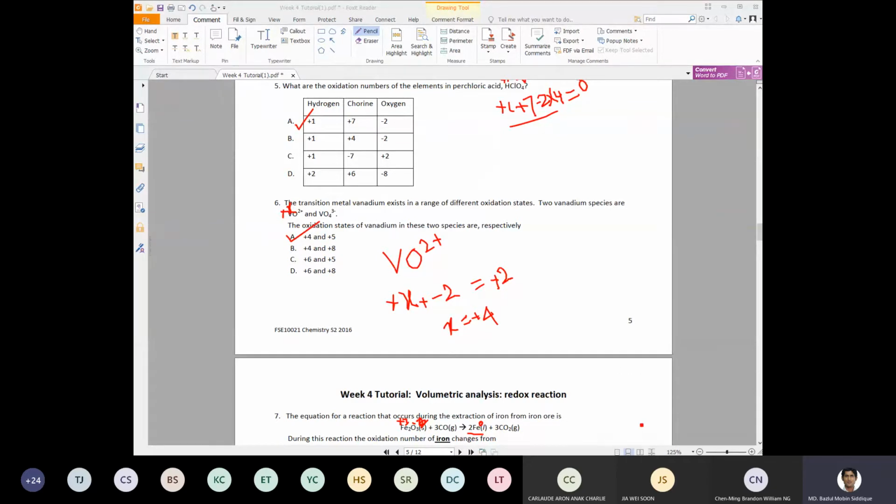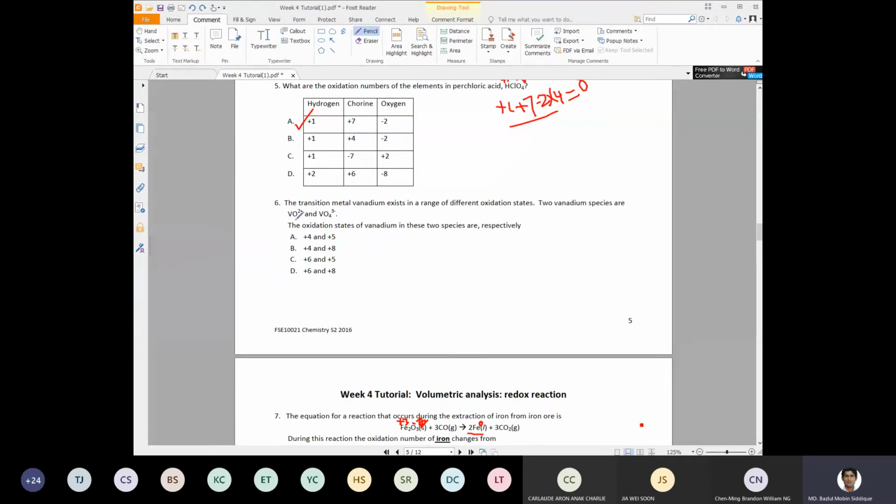Brian, which one? Explain which question? Going to the question. Okay, the question here is about vanadium. It says that the two vanadium species are here. What is the oxidation state of vanadium in VO and VO4?